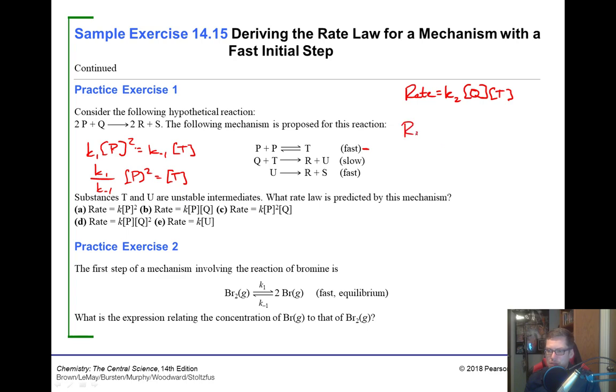So the rate of our reaction would be equal to K2 times K1 over K minus 1 times Q times the concentration of P squared. And all this just becomes K. So we have P squared Q, so this is going to be it. And that's it.